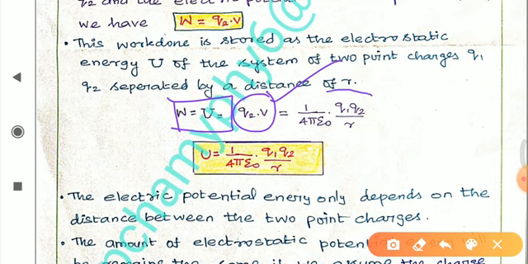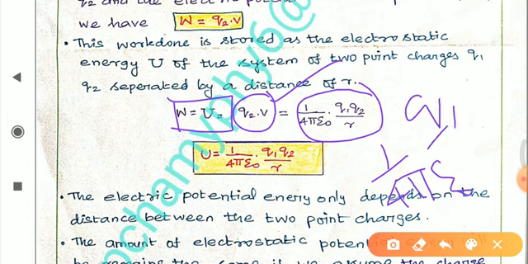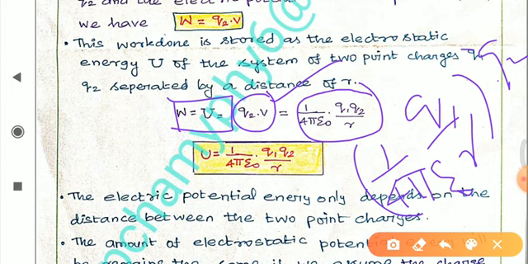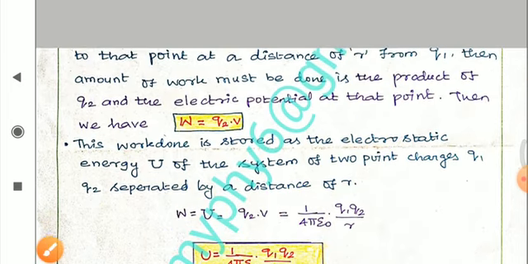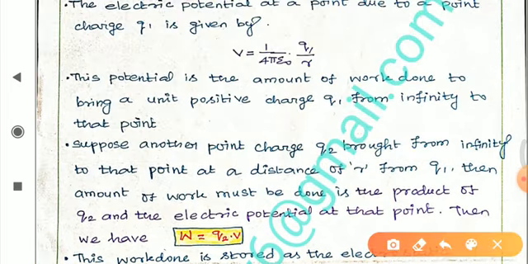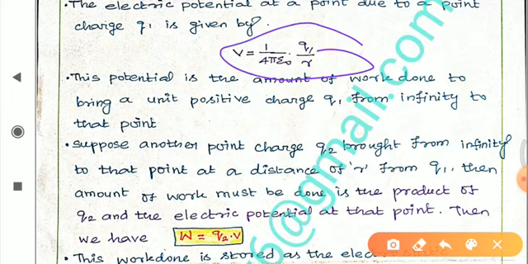1 by 4 pi epsilon naught into Q1 by r, into Q2, which simplifies to 1 by 4 pi epsilon naught Q1 Q2 by r. We are substituting the value of electric potential produced by the charge Q1.